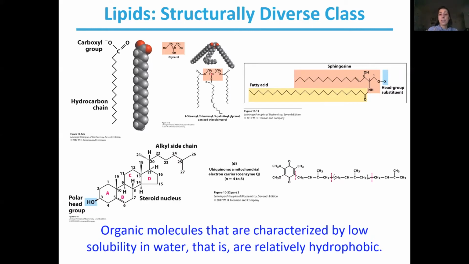The one defining point about a lipid, what makes a lipid, is that it is an organic molecule and it's categorized by low solubility in water. So being hydrophobic. Lipids don't have a very specific definition. Again, it could be any organic molecule that's pretty hydrophobic.